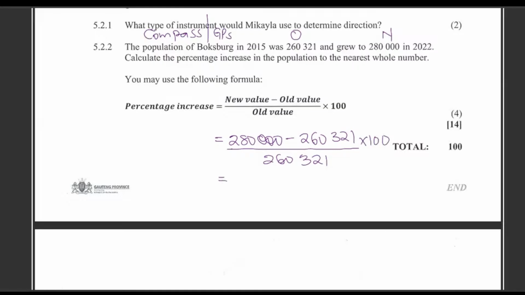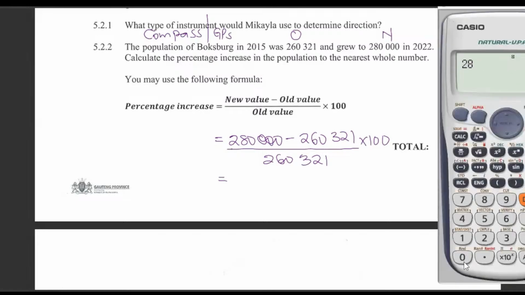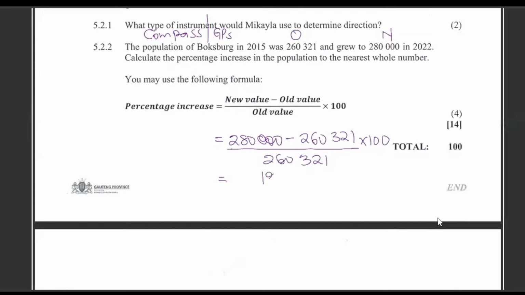Then if you go further and you simplify, 280,000 minus 260,321 equals 19,679. You usually get a mark for this.